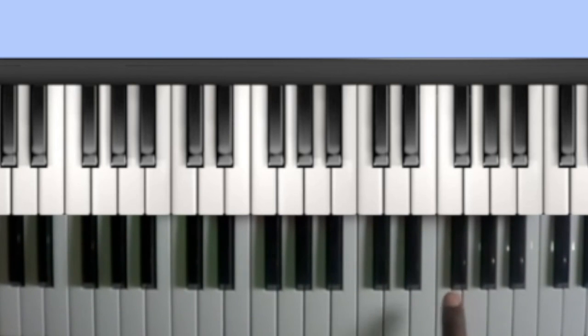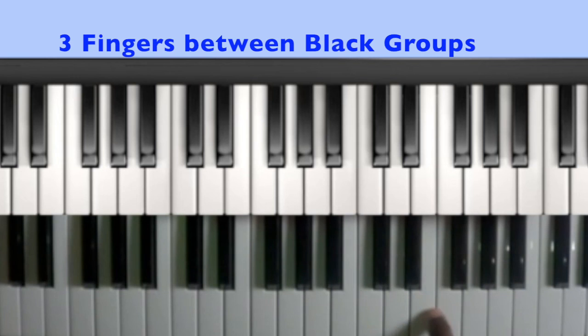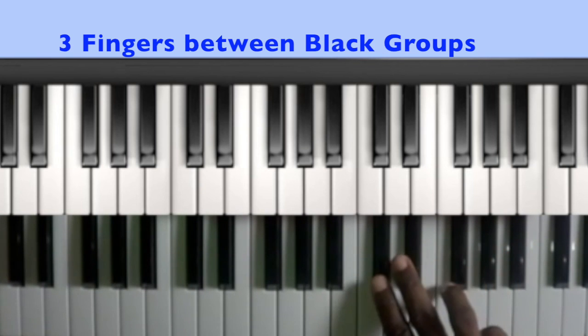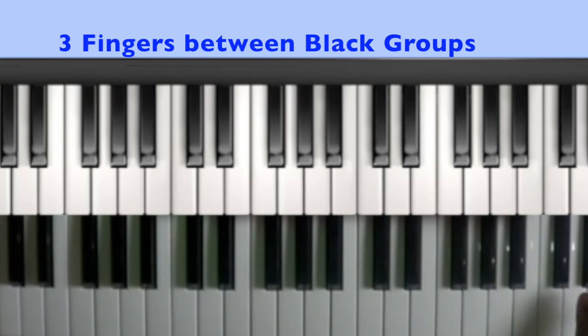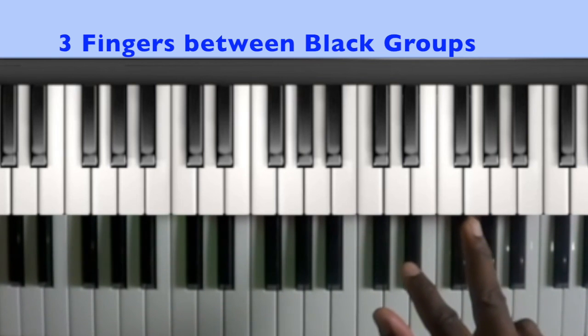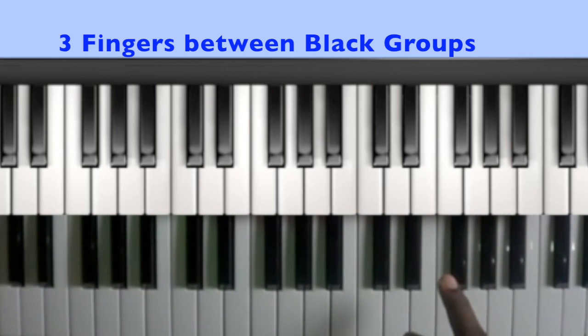The second rule is that anytime you're crossing between the 2 groupings, whether going from 2 to 3 or coming back down 3 to 2, across the entire keyboard, you use all 3 fingers, and I'll show you how.